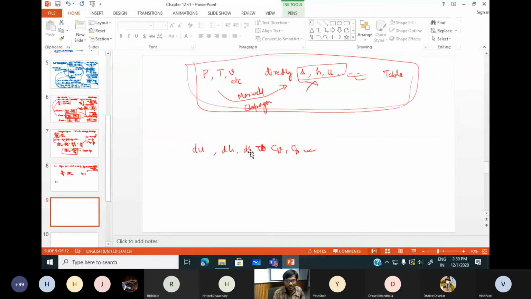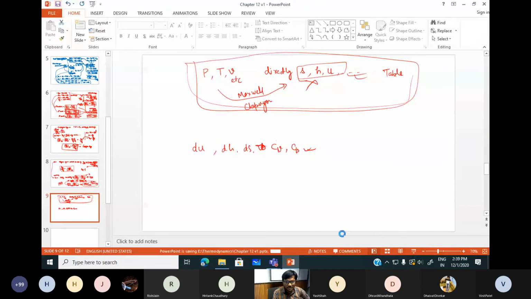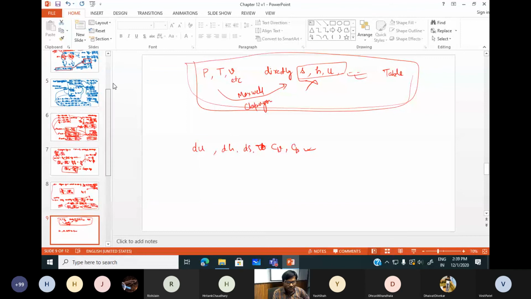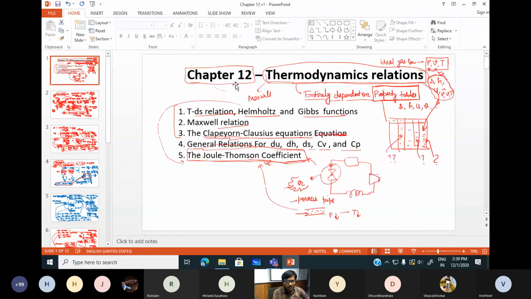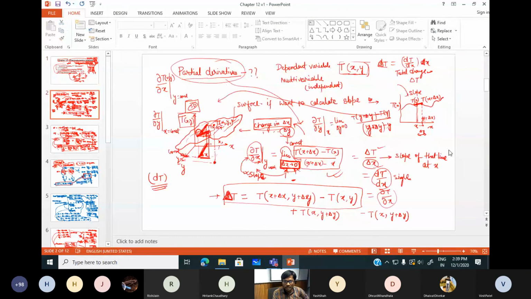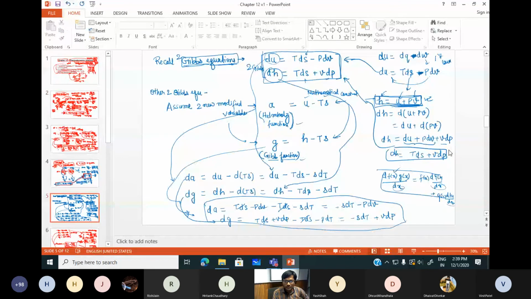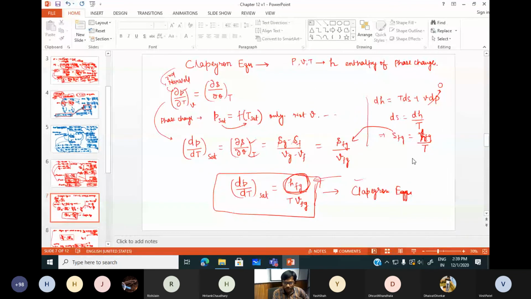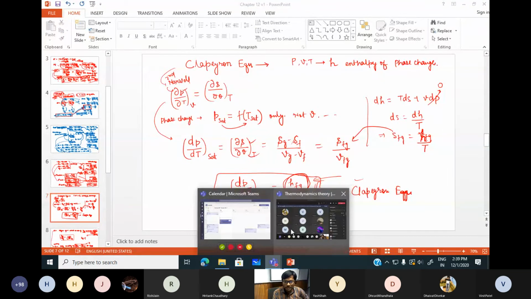I will not go into more detail because the chapters we have come across previously, like the Rankine cycle, power cycle, vapor power cycle, Brayton cycle, are much more important than these chapters. We will not focus much on it, but we should understand where these properties are derived from. In that aspect we will be looking at it.